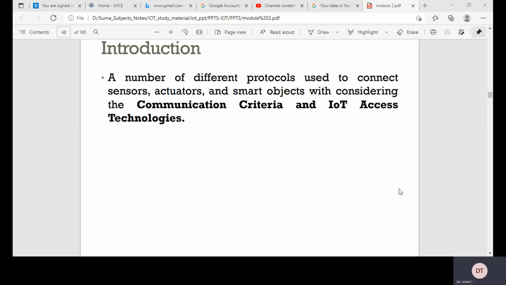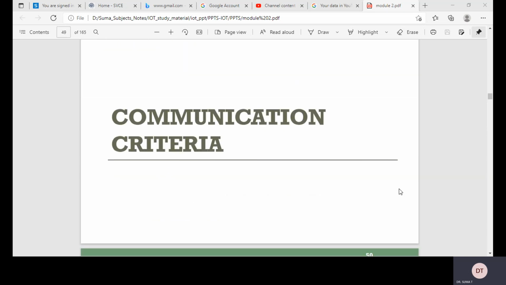The two main sections: the one is the communication criteria, which describes the characteristics and attributes you should consider when selecting and dealing with connecting smart objects.